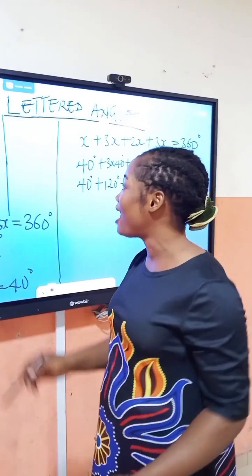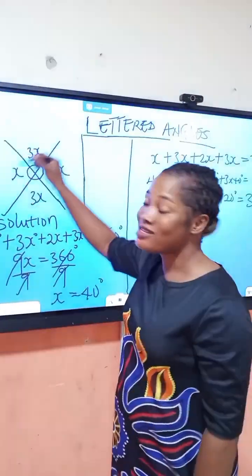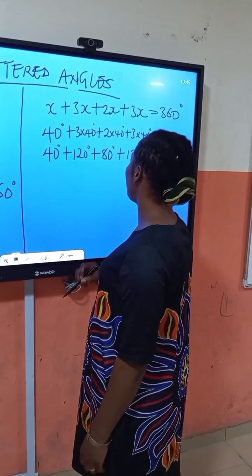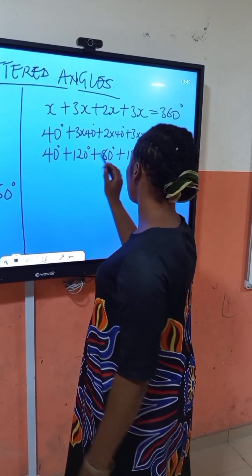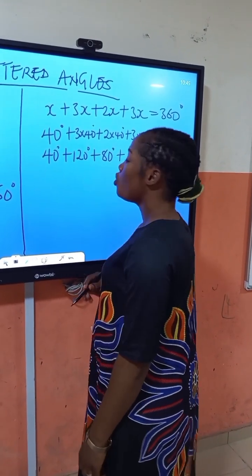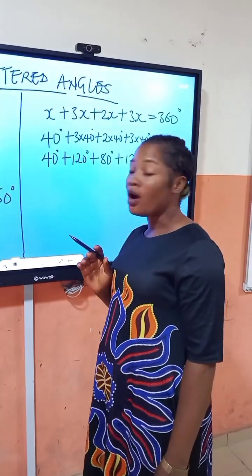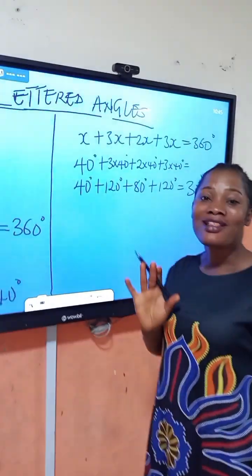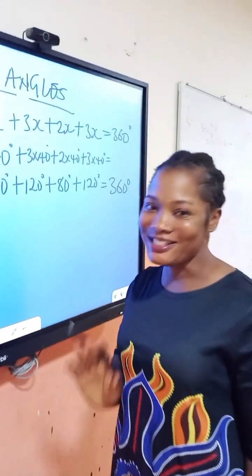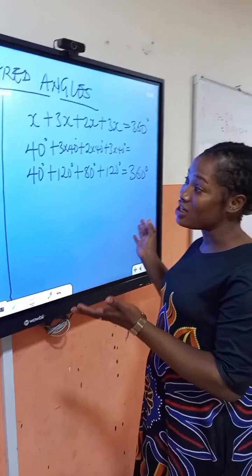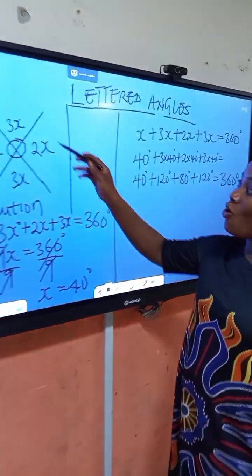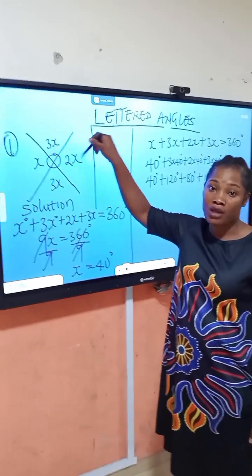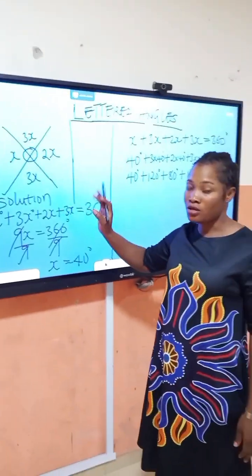So that has proven that our x here is equal to 40. 40 plus 120 is 160, plus 80 will give you 240, plus 120 will give you 360 degrees. So that has proven that x plus 3x plus 2x plus 3x is equal to 360 degrees.